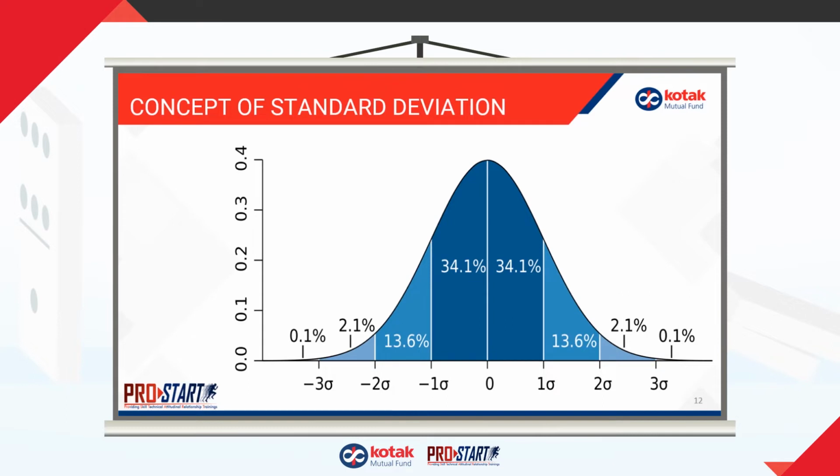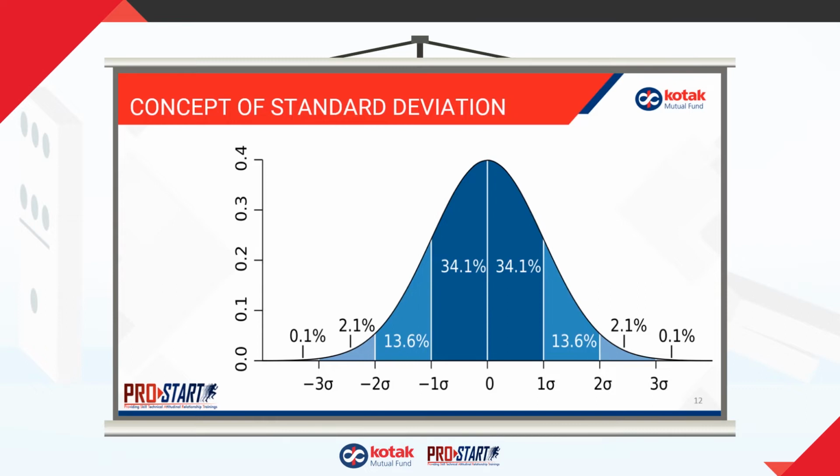We have also seen figures like 34.1, 13.6% associated with this. Also, on the x-axis, you can see 1 standard deviation, 2 standard deviation, etc. on both the positive as well as negative side.